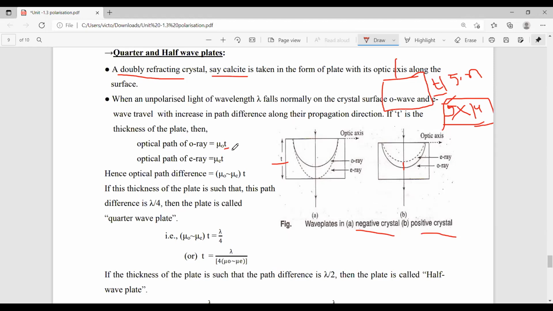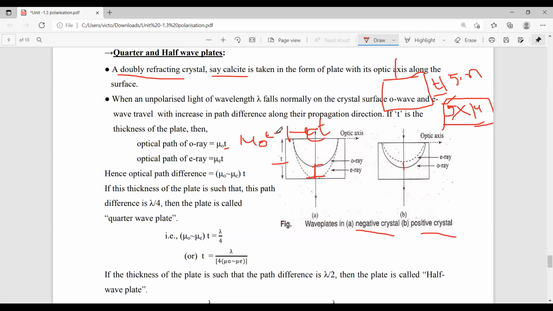So the optical path of the O ray is mu naught T. Similarly, for the E ray, mu E T. Then what is the path difference between these two rays, the E ray and the O ray? It is mu naught T minus mu E T.